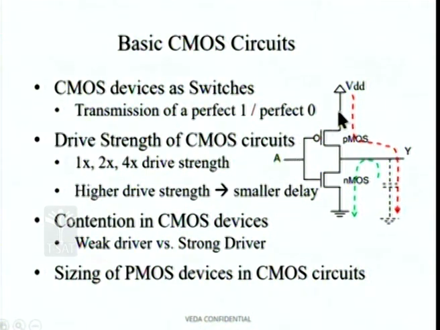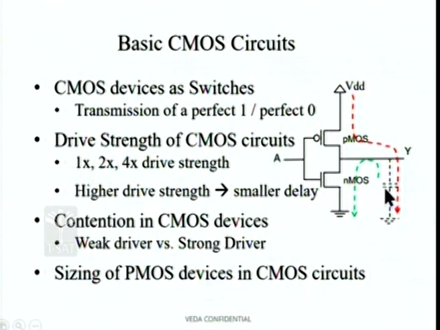A higher drive strength means that the amount of current that this PMOS device can supply is higher. The higher the current it can supply, the quicker the capacitor will get charged. The quicker the capacitor gets charged, the smaller is the time for it to transition from a logic 0 to a logic 1. Therefore, a higher drive strength necessarily implies a smaller propagation delay.